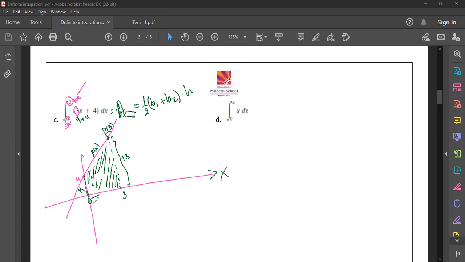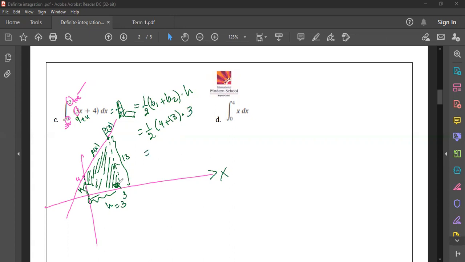And what is the height here, which is the perpendicular distance between the two parallel bases? Just replace: half, 4 plus 13, multiplied by the height, which is 3.